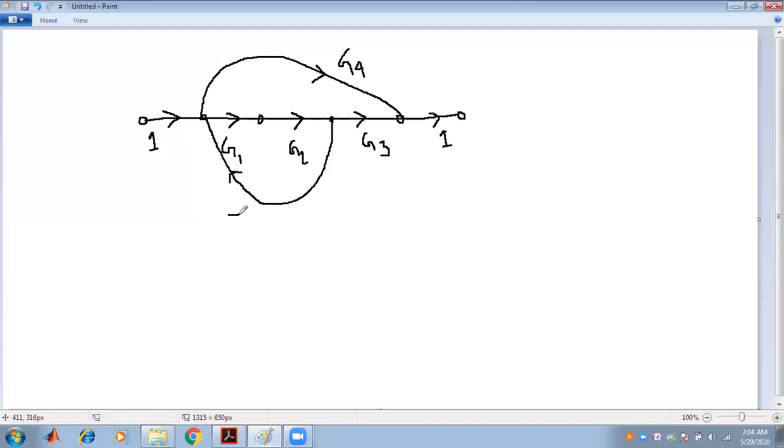One is given as minus H1. This is given as minus H1. So we have to find the transfer function using the conception of Mason's gain formula.